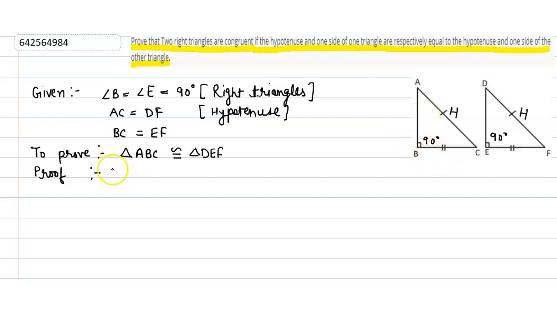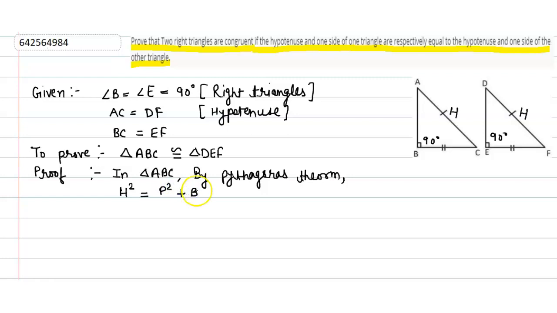So first we will take triangle ABC. In triangle ABC, by the Pythagoras theorem, hypotenuse square is equal to the sum of perpendicular square and base square. So here the hypotenuse is AC.